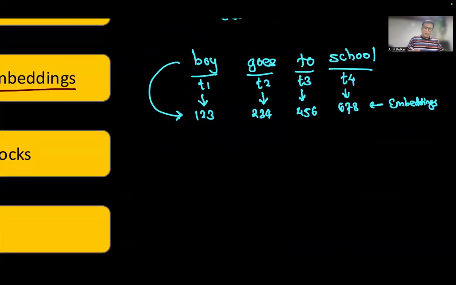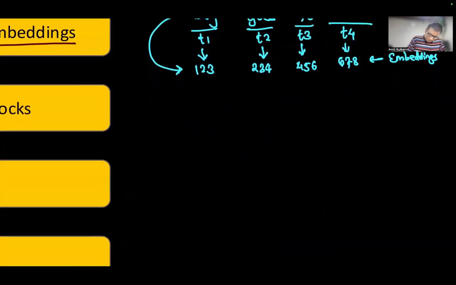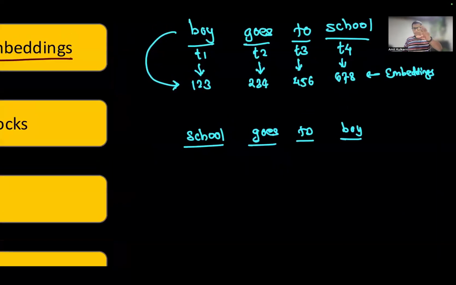Okay. Now, let me go for another example. Let's say school goes to boy. I know this is a completely messed up sentence, but let us see the problem and what positional encoding is going to do. In this sentence also, I have the same four words.